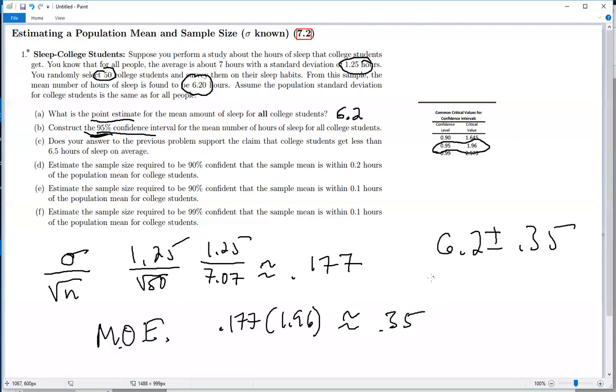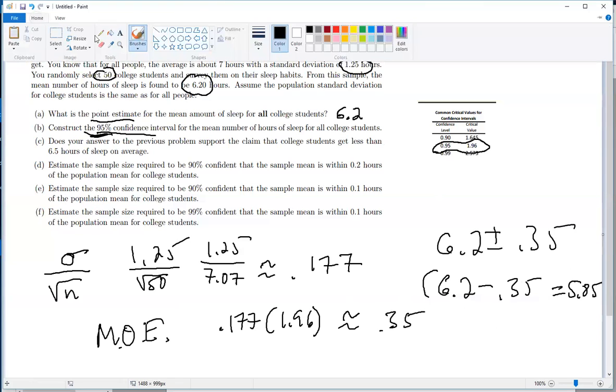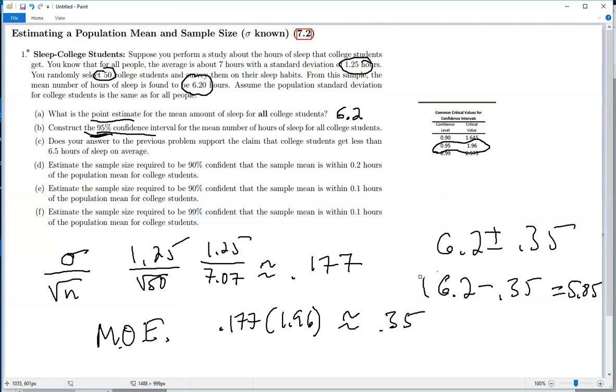So it could be as low as, well, 6.2. Let me write this down here. It could be 6.2 minus 0.35, which is, I should be able to do that in my head, but I haven't had enough coffee yet, 5.85. Let me get rid of that extra parenthesis. I don't want to confuse the issue with it.